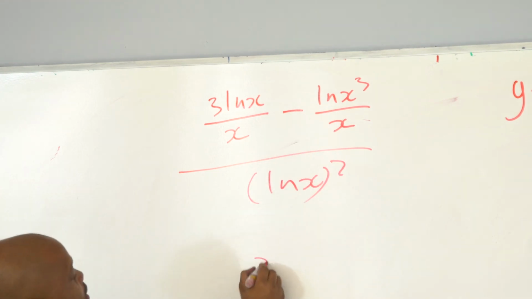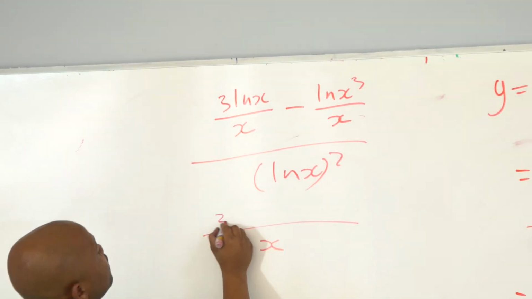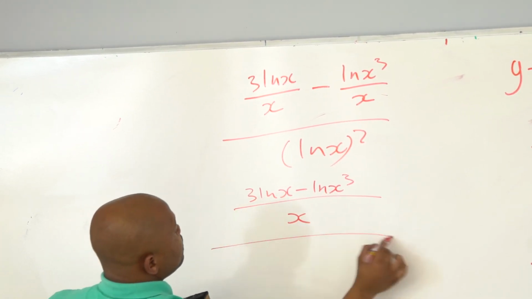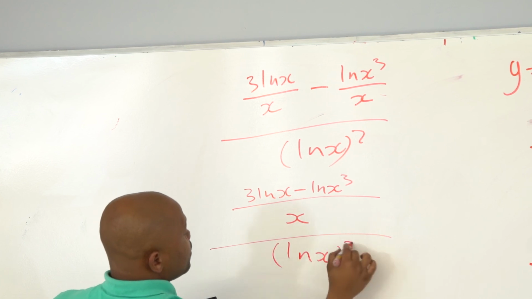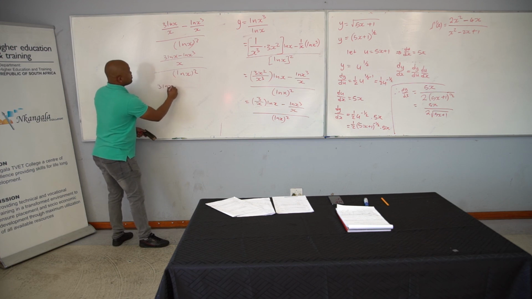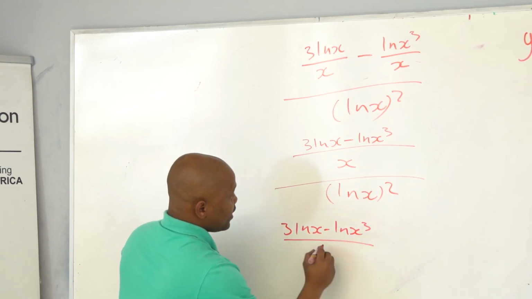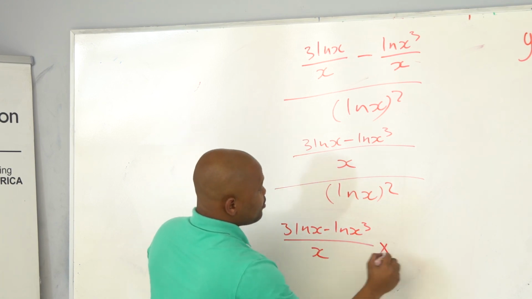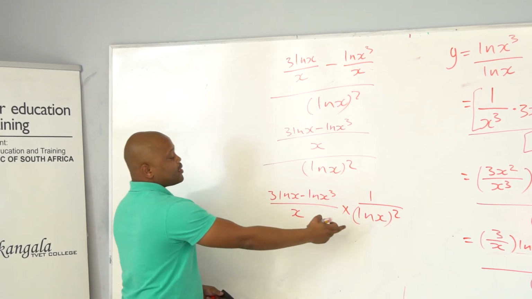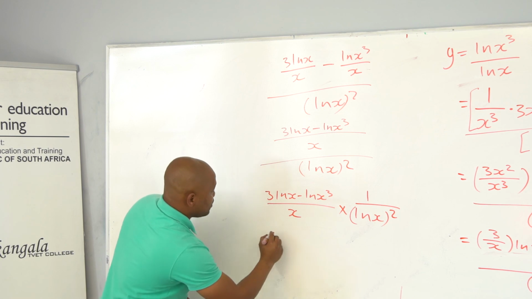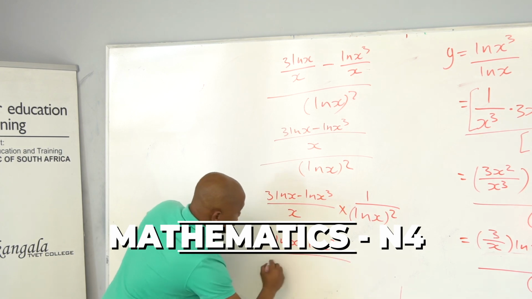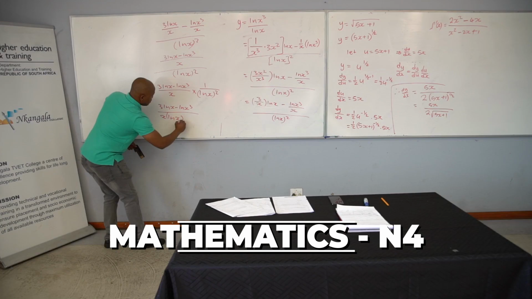So the LCM value is x over 3 ln x minus ln x to the 3, then everything divided by ln x squared. So I divide by ln x, and this becomes 3 ln x minus ln x to the 3 all over x, multiplied by 1 over ln x squared. Remember, when you divide by this, it's the same as multiplying by 1 over. Then this becomes 3 ln x minus ln x to the 3 all over x ln x squared.